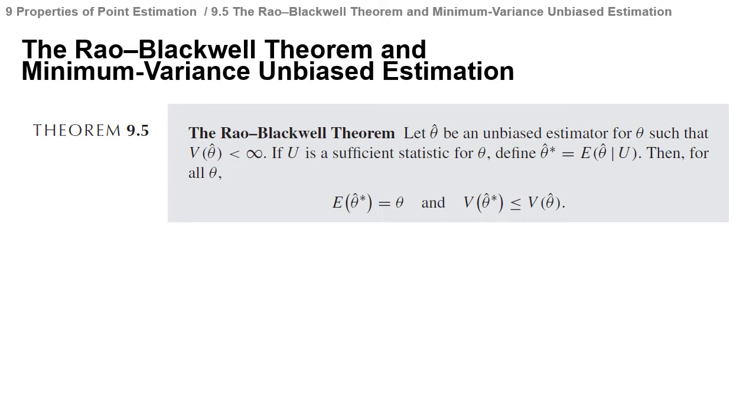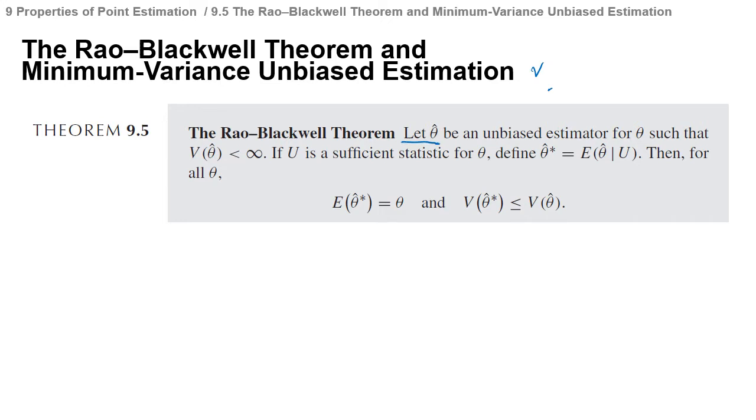And this Rao-Blackwell theorem is a very important theorem for proving minimum variance unbiased estimator. So, Theorem 9.5, the Rao-Blackwell theorem.